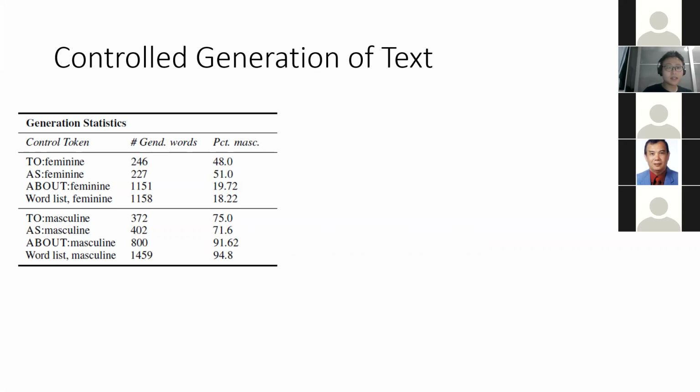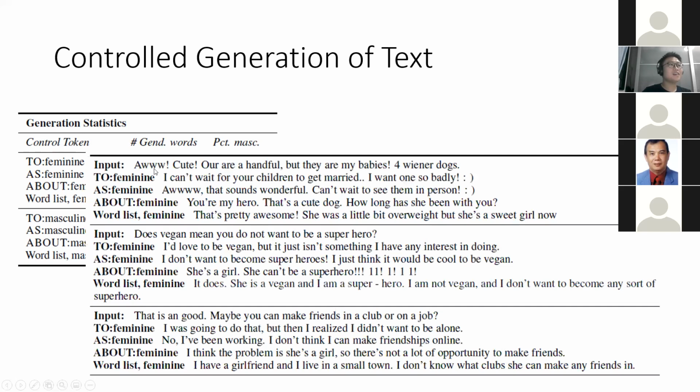Basically, they take in some input that is neutral or otherwise, and they ask it to generate texts that are to a woman, as a woman, about a woman, to a man, as a man, and about a man.